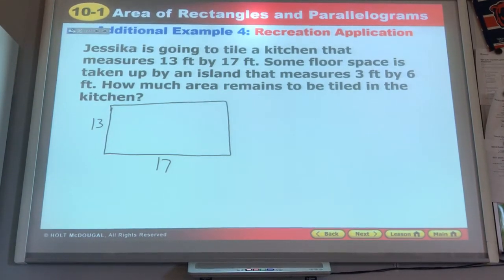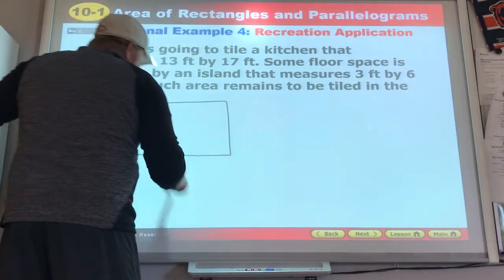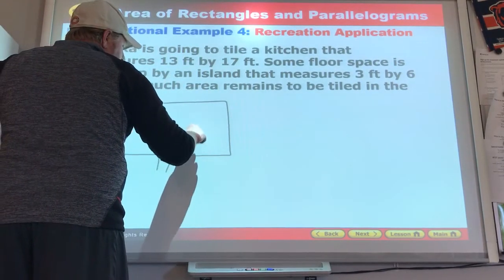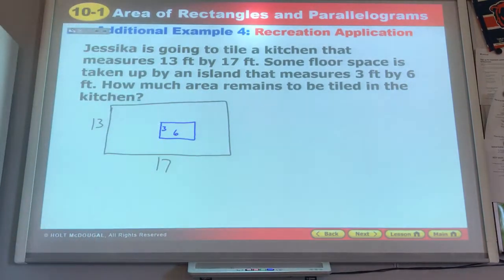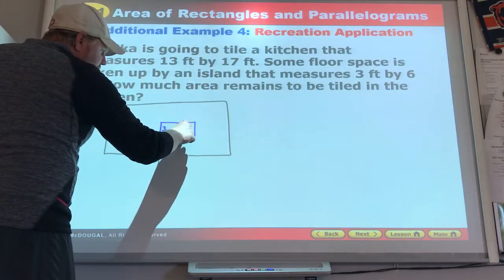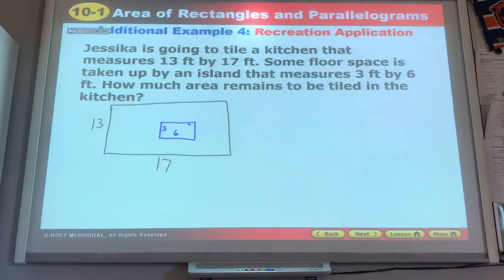Some of the floor space is taken up by an island that measures 3 feet by 6 feet. 3 feet by 6 feet. How much area remains to be tiled? Question, do we have to put tile under this island? No, we wouldn't have to.